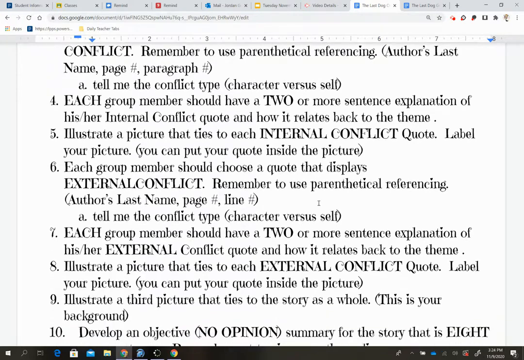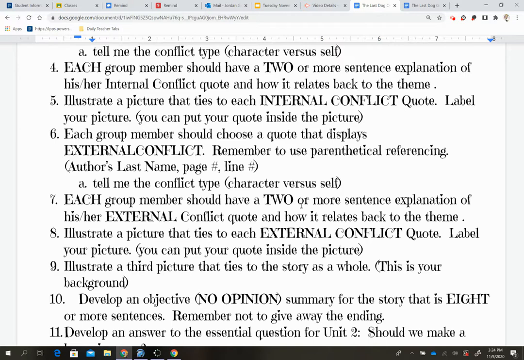Then each group member should choose a quote that displays external conflict. Remember to use parenthetical referencing again. Instead of line number, this should say paragraph. Then you're going to tell me the conflict. Remember, this is not going to be character versus self. This is going to be character versus nature or society, or character versus character.